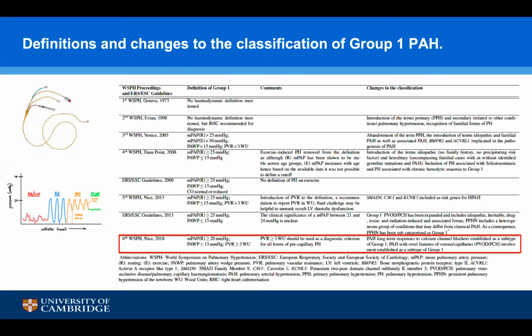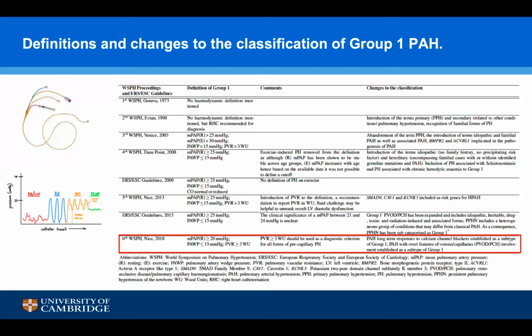And since the advent of right heart catheterization and our research in pulmonary arterial hypertension, there have been multiple changes to the classification, and these were mainly driven by better understanding of disease pathophysiology, with the discovery happening around the year 2000 when we discovered the causative role of bone morphogenetic protein in the pathogenesis of PAH.